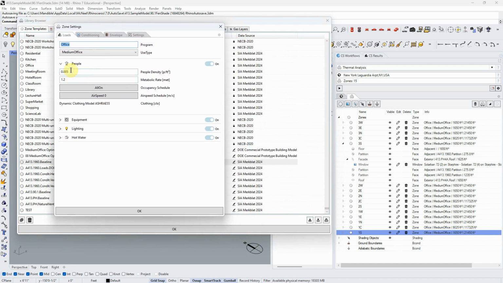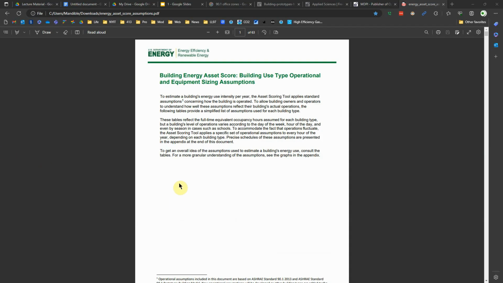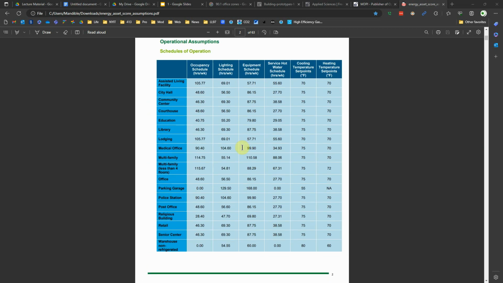This point zero .05 is from the, actually, let me see if I can find that really quickly. Yeah, so I found this document that's giving baseline metrics for these load requirements.